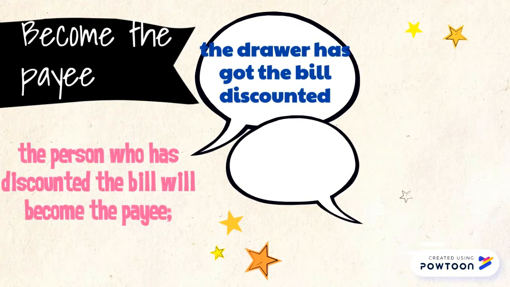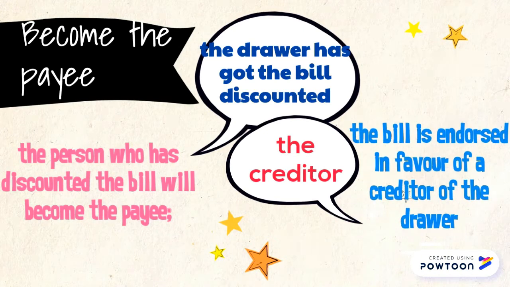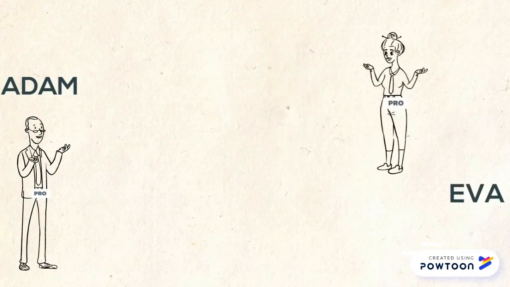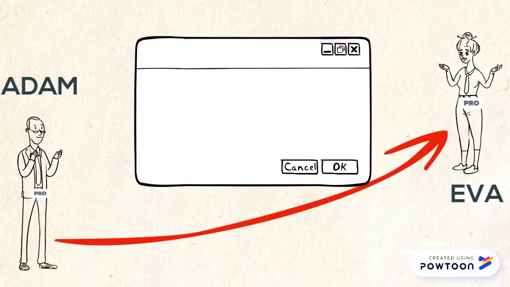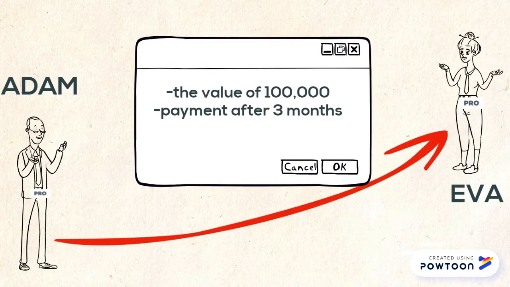In case the drawer has got the bill discounted, the person who has discounted the bill will become the payee. In case the bill is endorsed in favor of a creditor of the drawer, the creditor will become the payee. Normally, the drawee and the acceptor are the same person.